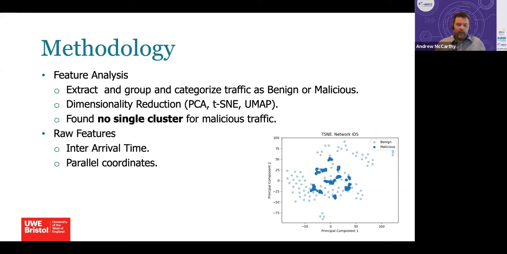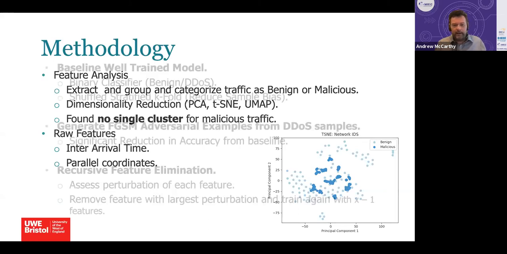One of the things we thought was that for distributed denial of service traffic, the time between packets arriving is going to be key for discriminating between benign and the denial of service traffic. So we were looking at the inter-arrival time, and we've plotted those as parallel coordinates, which I'll show you the plot shortly. But if I could have the next slide.